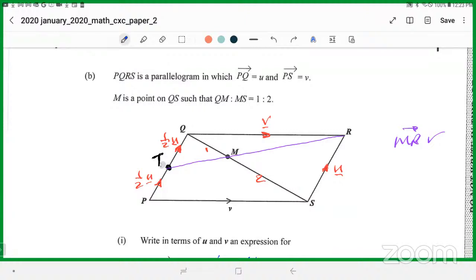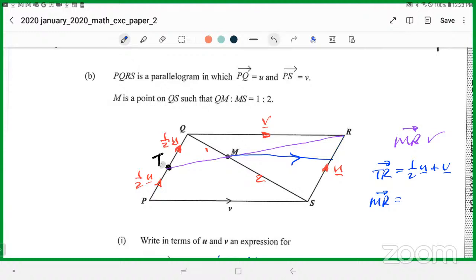So let's write it. The TR we're going to use, based on the diagram, is half U plus V. All right? And we're going to use the MR that we just found. What was it again? It was 2/3 V across here and 1/3 U up there.